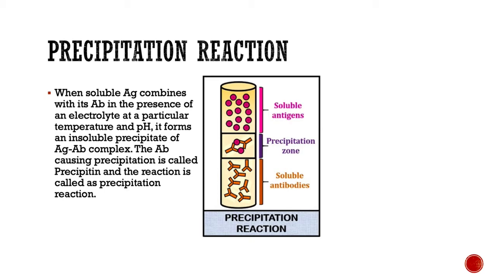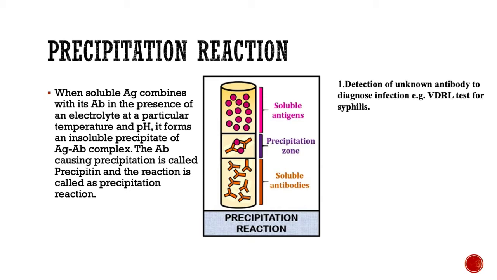That means where the soluble antibodies and soluble antigens bind and clump together to form the insoluble precipitate of antigen antibody complex. So the antibodies joining with the soluble antigens are called the precipitin, and the reaction is called the precipitation reaction.